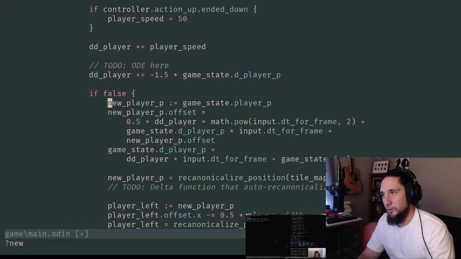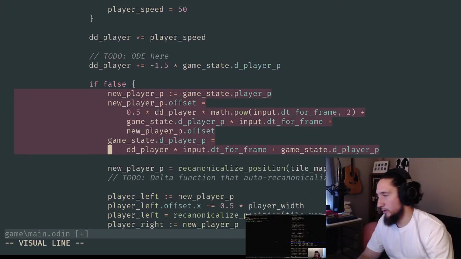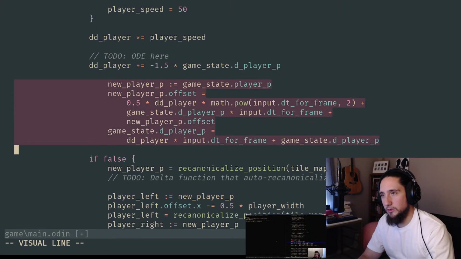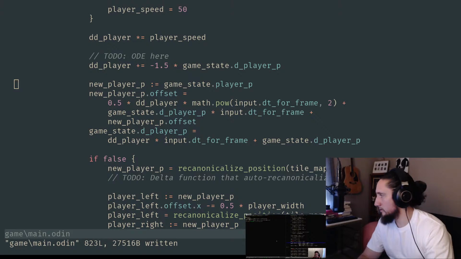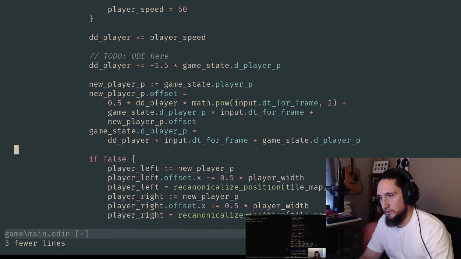Go back up to where this is, and those are the equations of motion that we worked so hard on. Got to keep those. Player P, I'm going to keep that. But the rest of this stuff where we do all the collision testing, I'm not going to use.